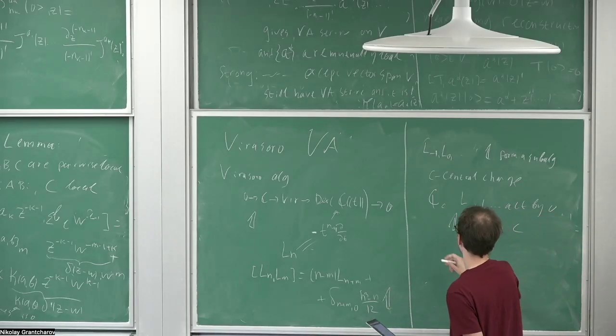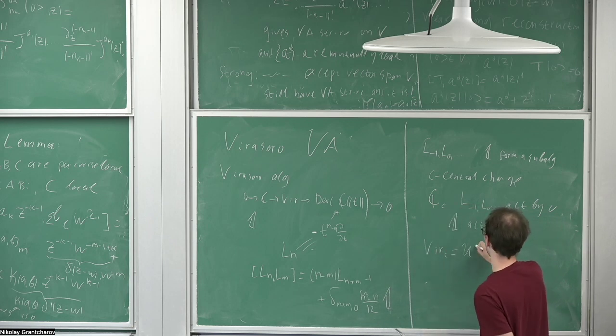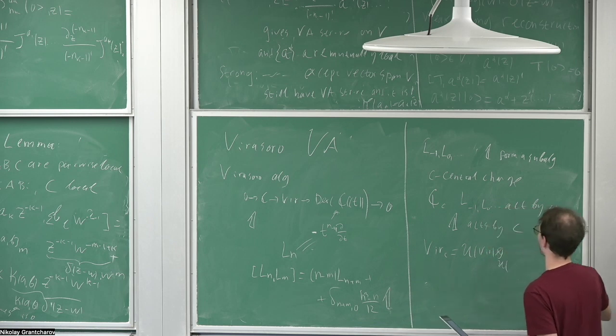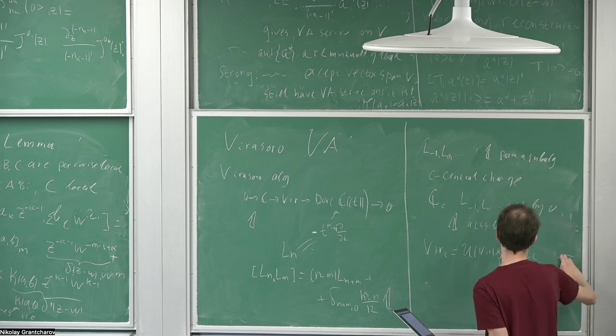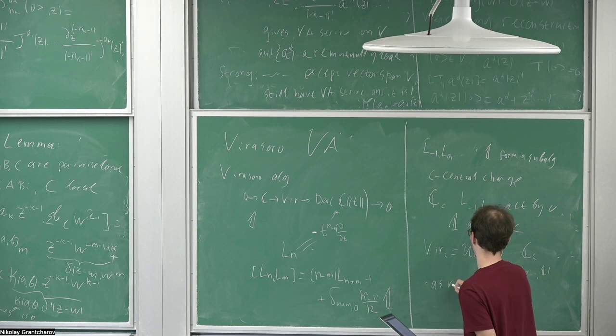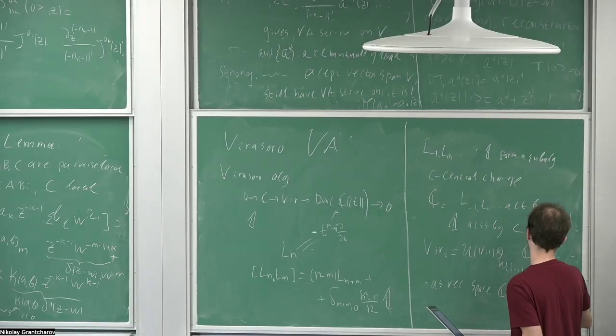And now, as before, V_{Vir,C} is the induced representation. So as a vector space, this is C[L minus 2, L minus 3, ...].